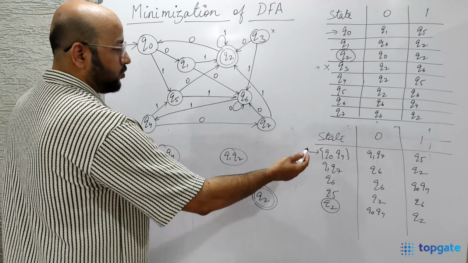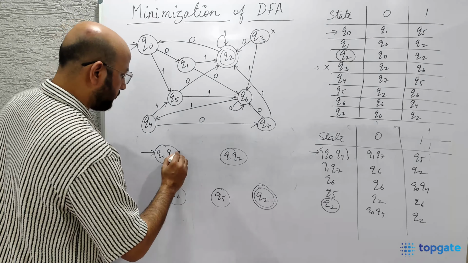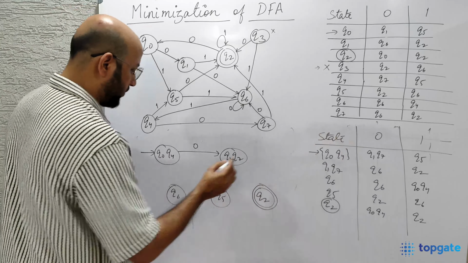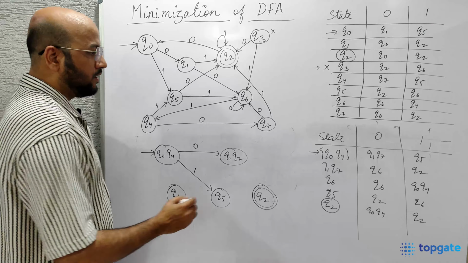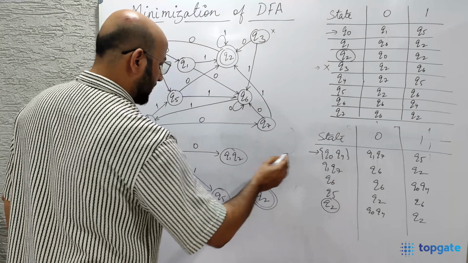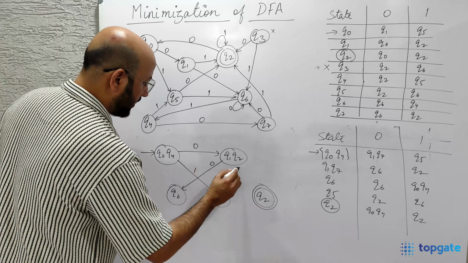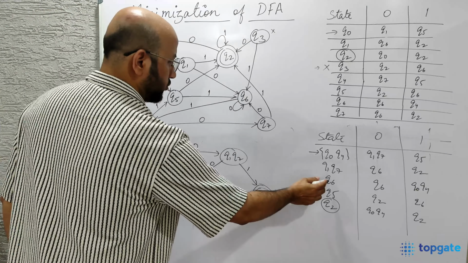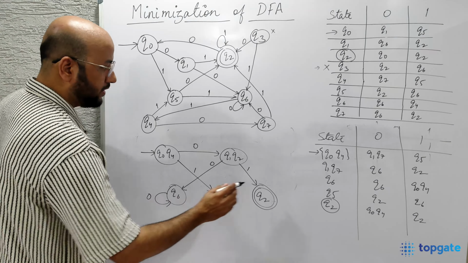Now see, Q0, Q4 with 0, I'm moving on to Q1, Q7. With 1, I'm moving on to Q5. Q1, Q7 goes to Q6 with 0, and to Q2 with 1. Q6 to Q6, that means a self loop on 0.